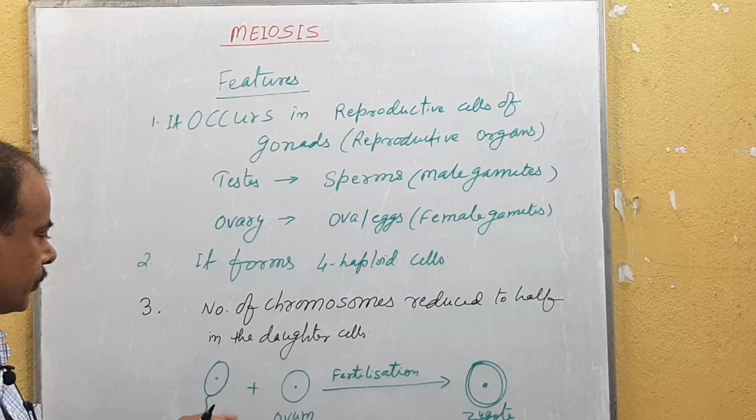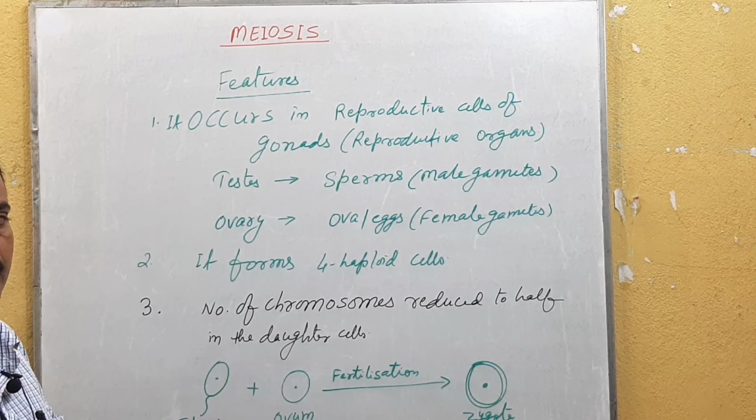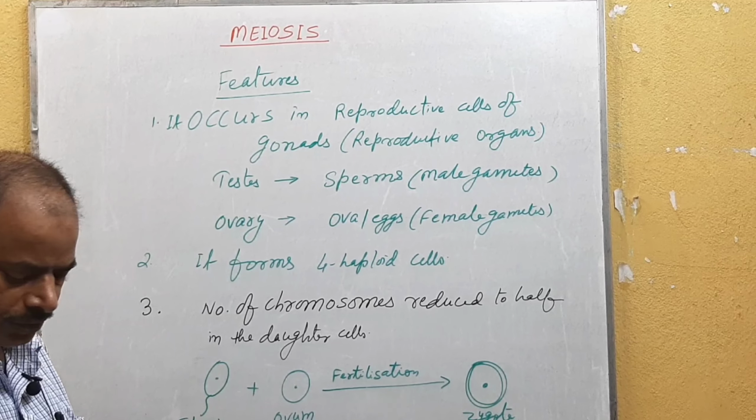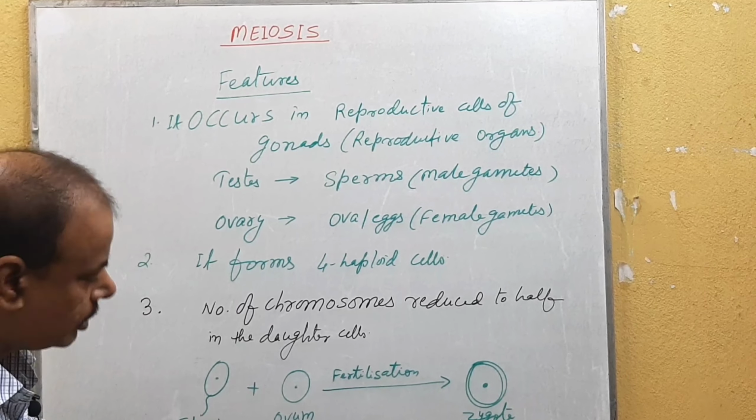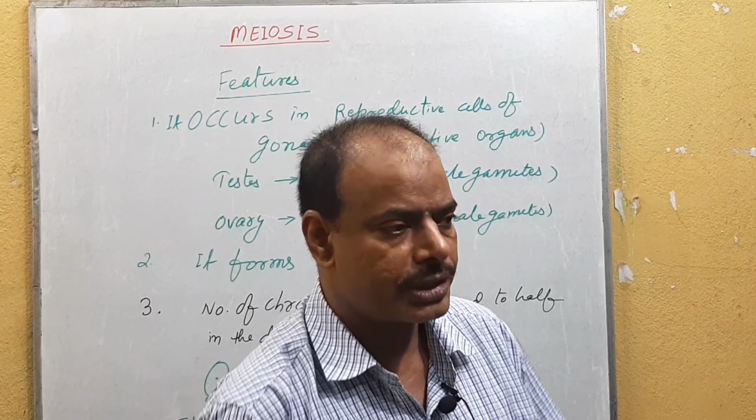In this way, meiosis helps in retaining the normal number of chromosomes in the progenies. So it is again one important feature of meiosis cell division.